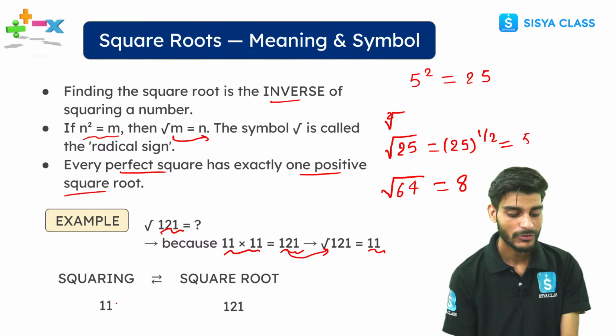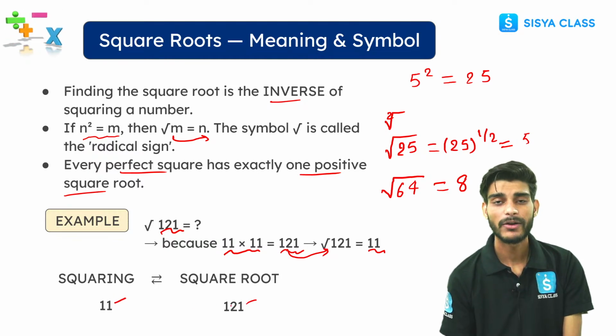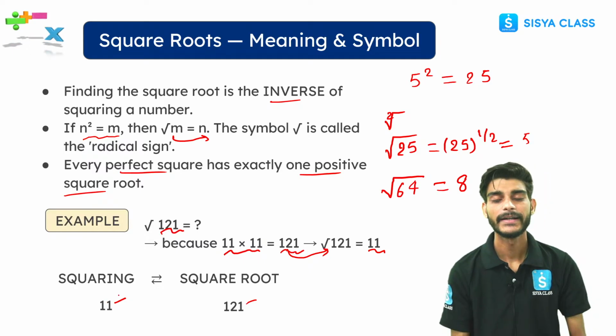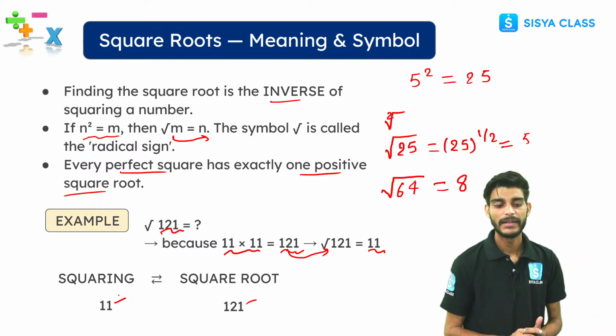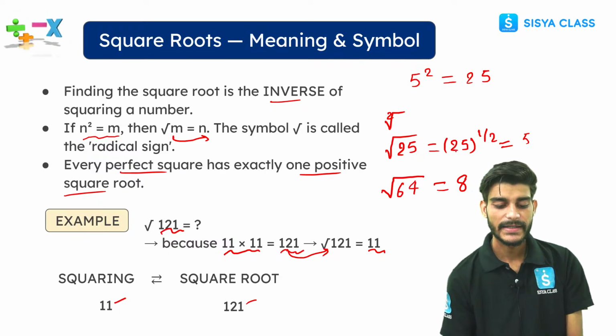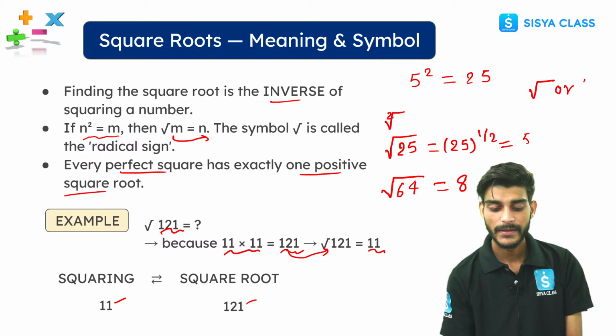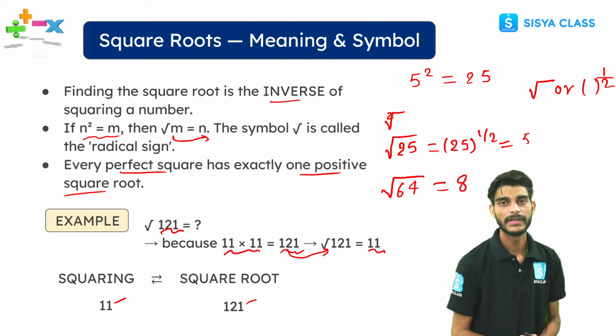The square of 11 is 121; find the square root of 121, we'll get 11. So this is clear to you. Mainly in square roots, we have seen their meaning and symbols: the radical sign or any number to the power 1 by 2. This is how we denote square roots.